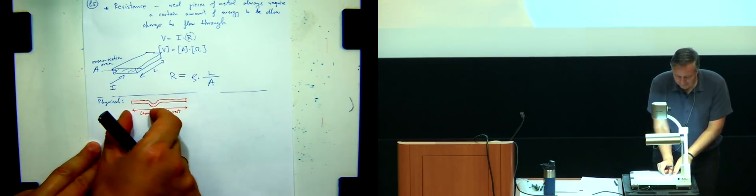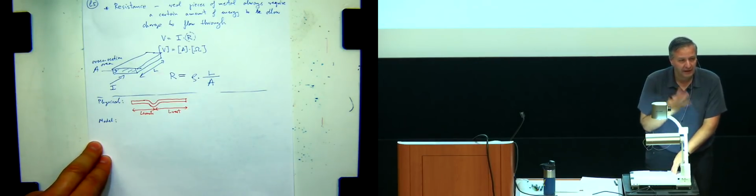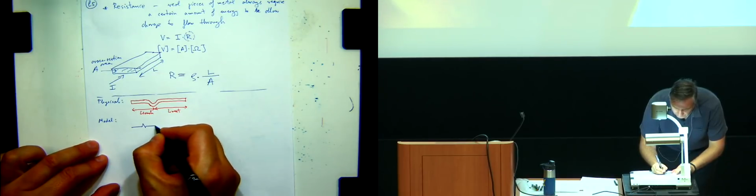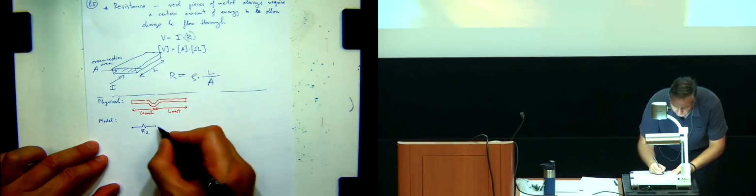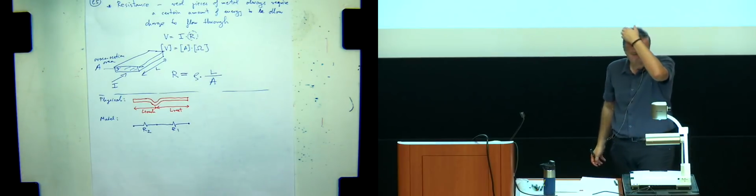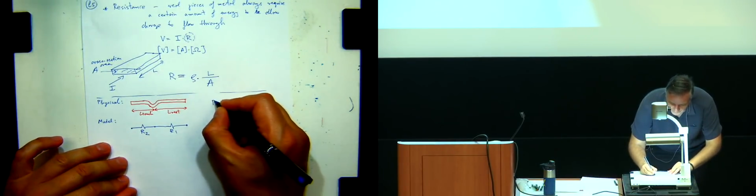I can take this first piece of the wire and make that a resistor, right? So let me do that. So let's say this is R2. And then I have this other piece of wire that's R1. Okay, who can tell me what is R1?